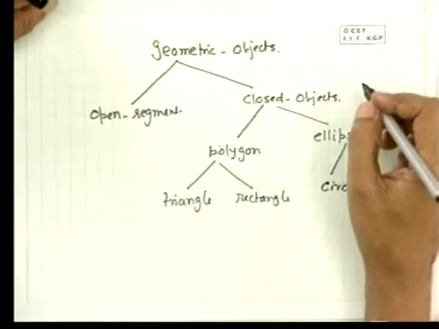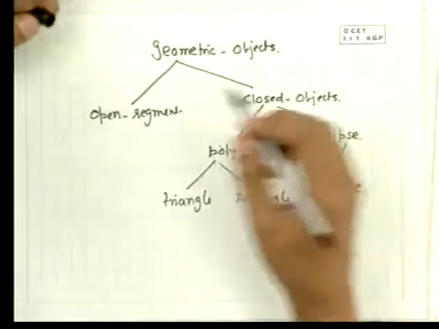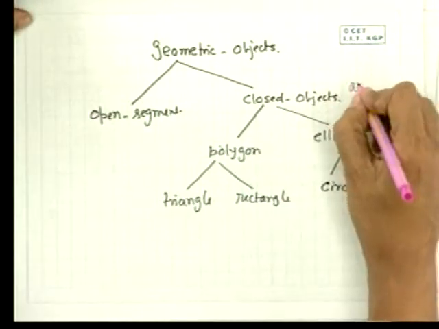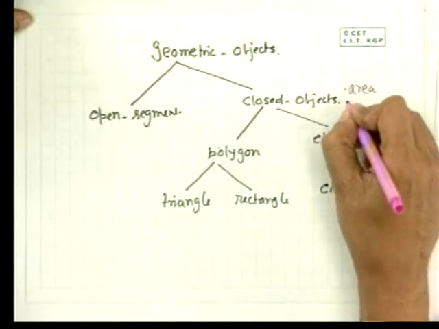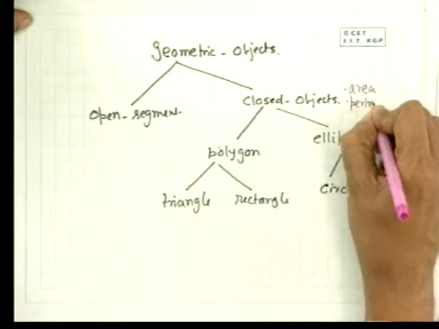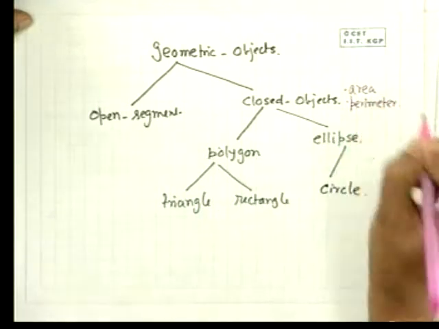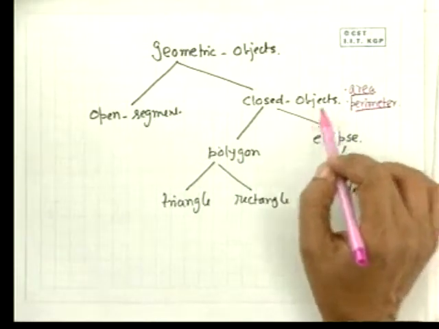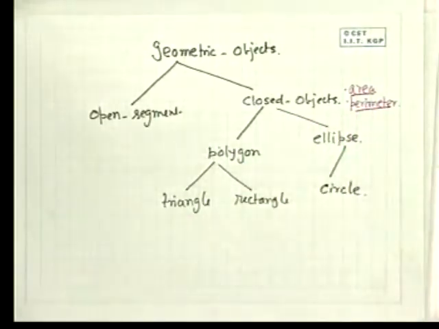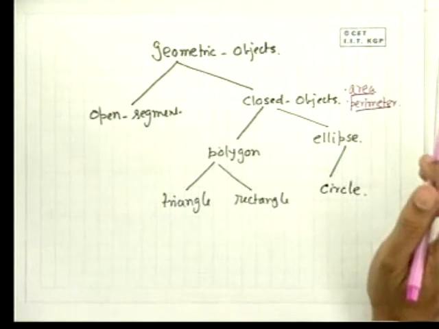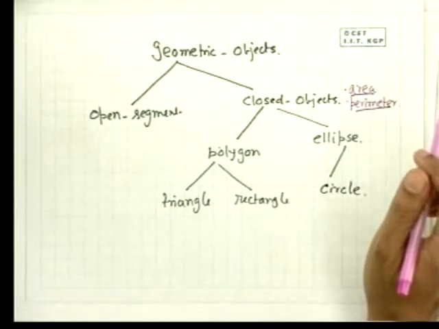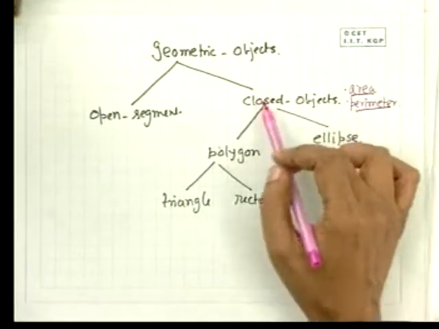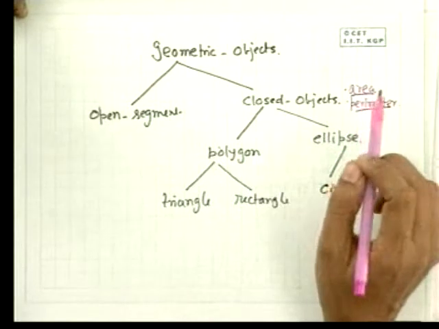And suppose now the methods or operations called area and perimeter are two operations, or functions, which are defined with the closed objects. That is, each closed object will have an area and a perimeter, and there exists a function called area which will estimate the area of a closed object.